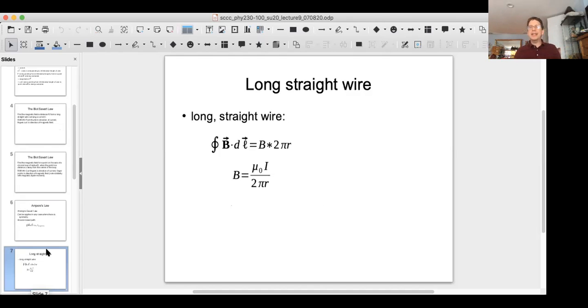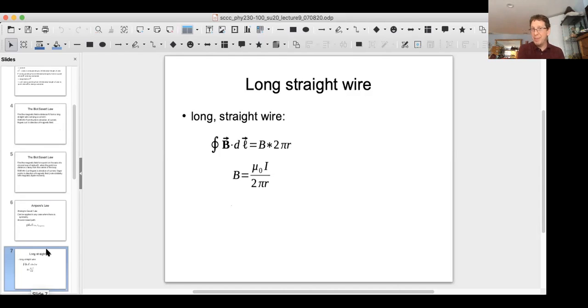So the most obvious example is a long straight wire. We already figured out qualitatively that if you're a perpendicular distance r away from a long straight wire, the magnitude of B is going to be constant. We figured that out before doing any of the math.